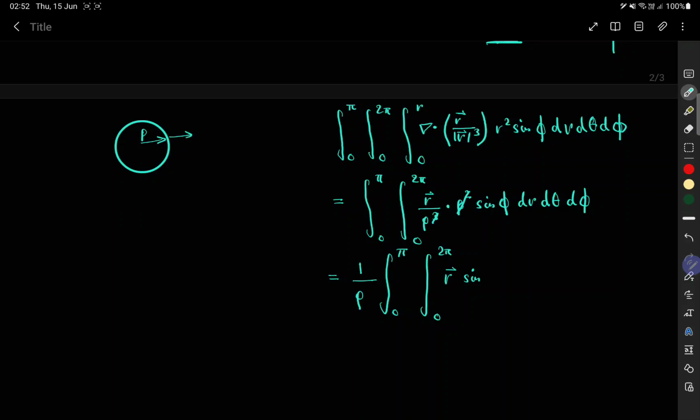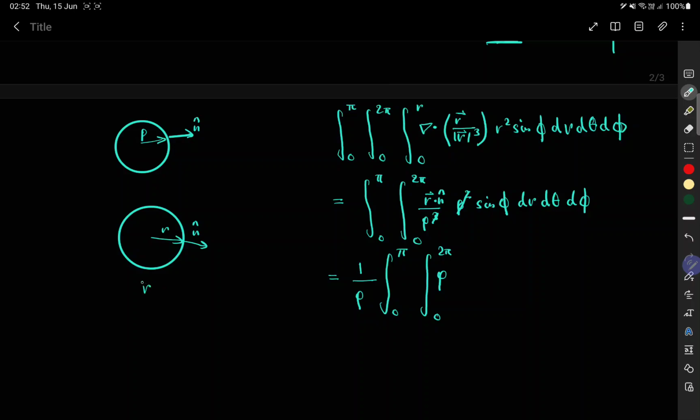Also, just to be clear, this n hat vector is parallel to the radius. This is our sphere, this is the r vector, and this is the normal, and the normal is a unit vector.